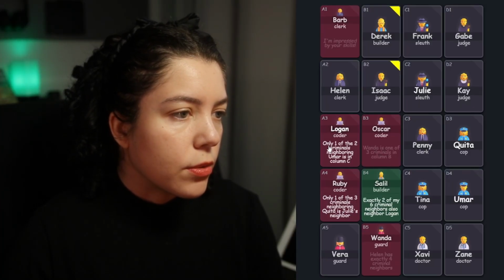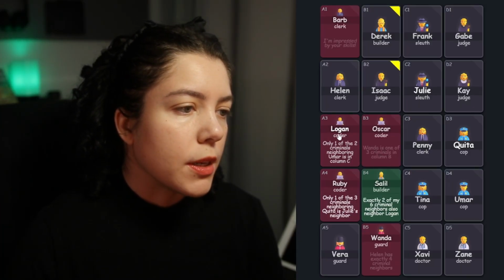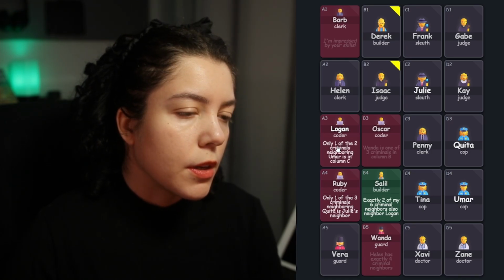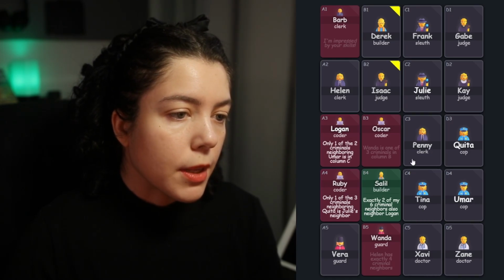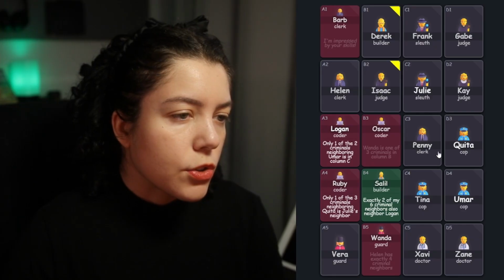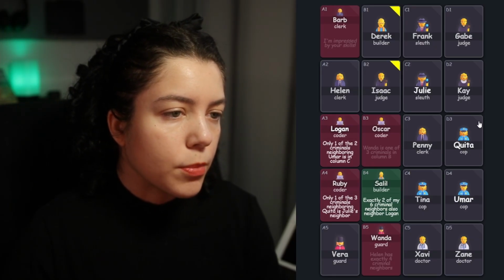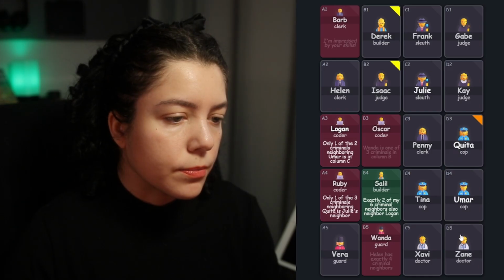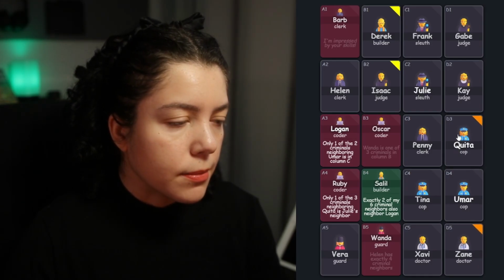Logan says that only one of the 2 criminals neighboring Umar is in column C. So Umar has 3 people neighboring him in column C. And only one of those is a criminal. So the second criminal neighbor has to be either Kita or Zane, right? The only other neighbors that he has.